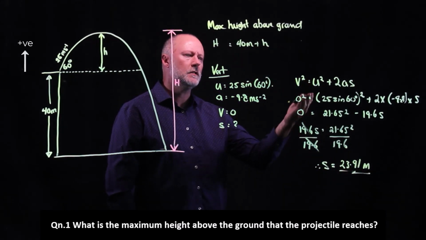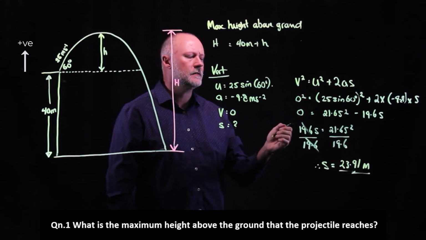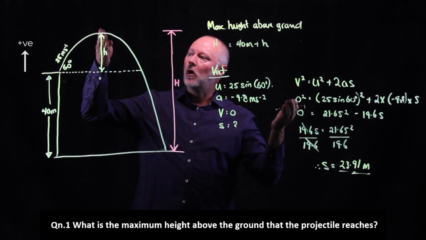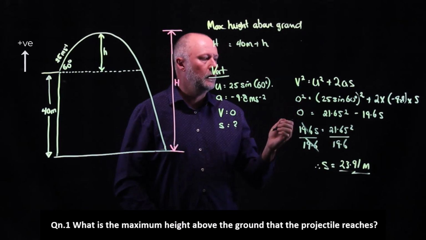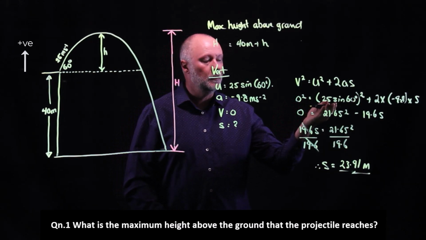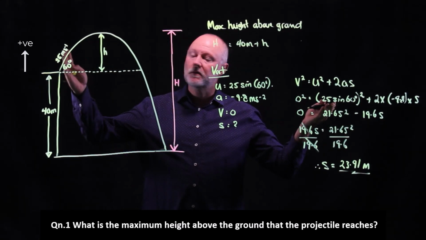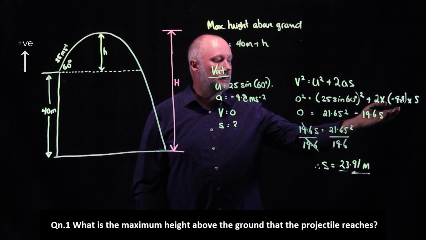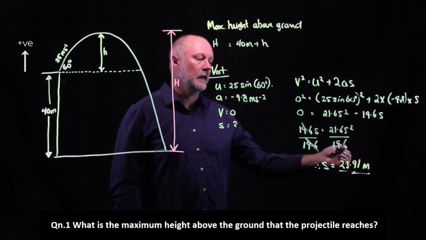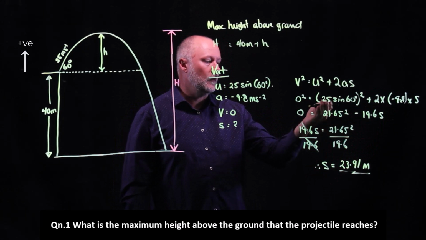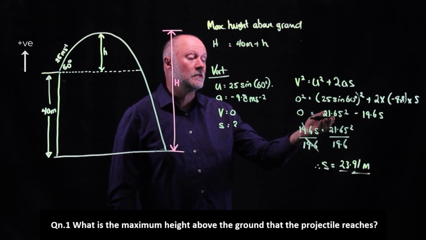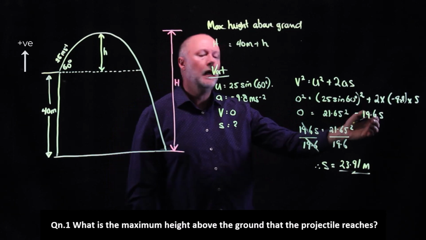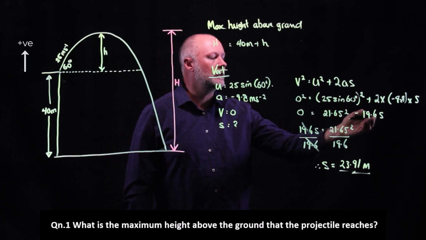So there we have it. Using v squared equals u squared plus 2as, the final velocity at the top in the vertical component will be 0. The initial velocity in the vertical component will be sine 60 of 25. The acceleration is negative 9.8 meters per second squared, and displacement is what we're trying to calculate. We simplify this. Our sine 60 of 25 gives us the value of 21.65, and two lots of 9.8 give us 19.6.